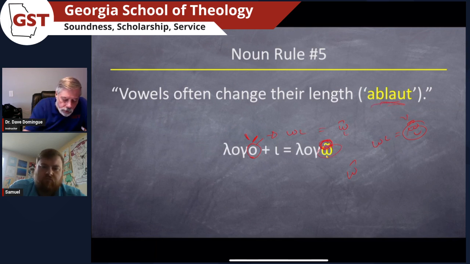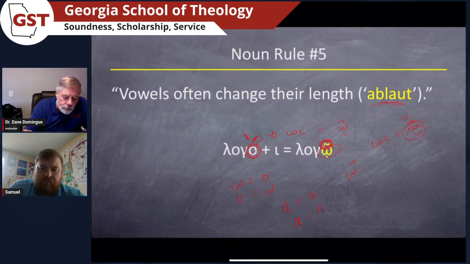But ablaut is when a vowel is lengthened or shortened. The omega can shorten to the omicron. The omicron can lengthen to the omega. The eta can shorten to the alpha. The alpha can lengthen to the eta, and some others.